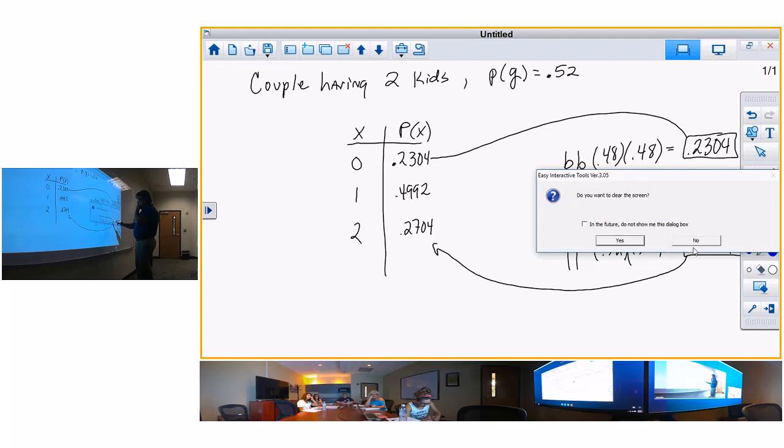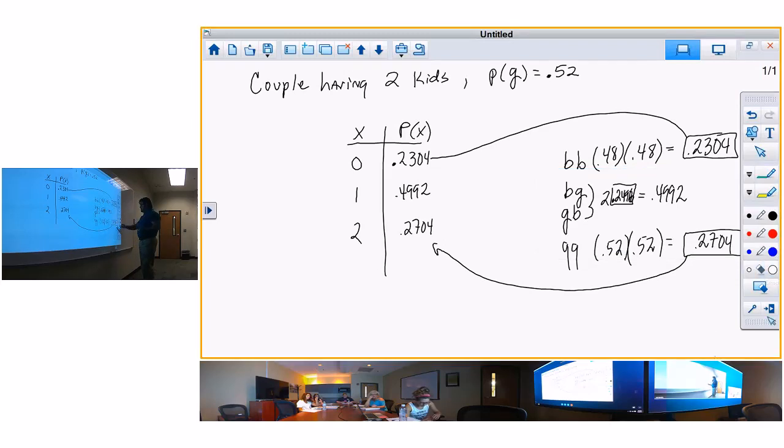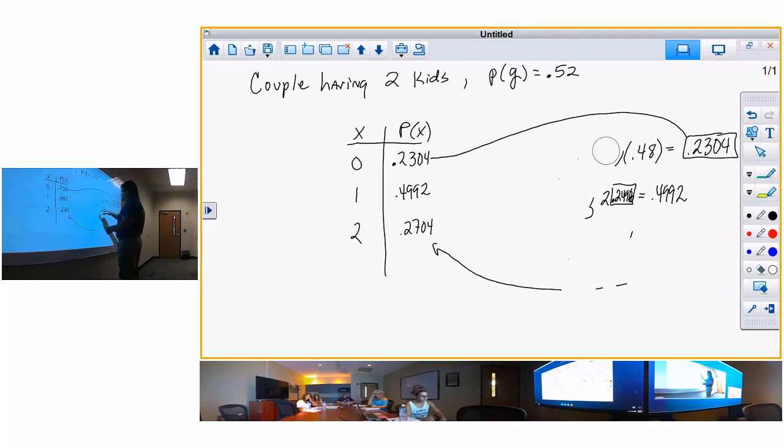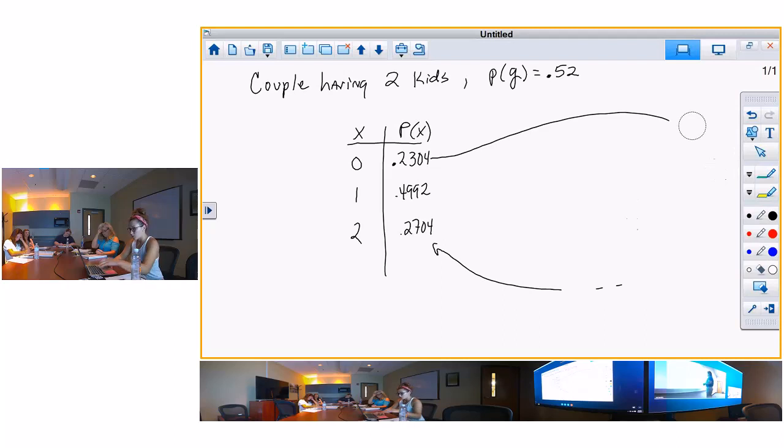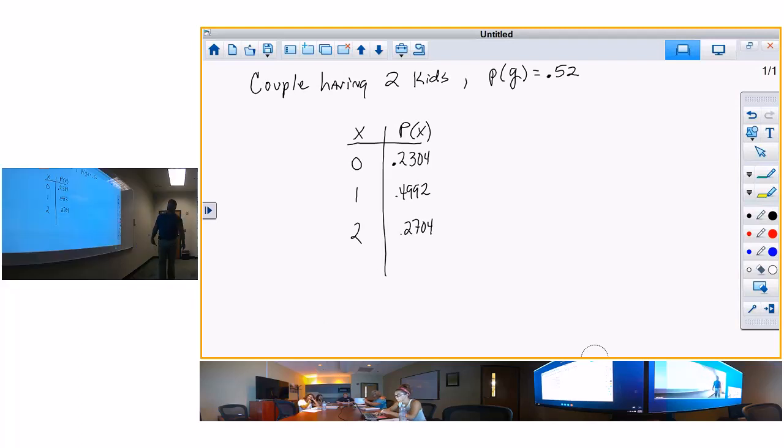All right, now I'm going to erase this, and I want you to find the mean and the standard deviation. You've already set up your probability distribution. Now you need to do mean and standard deviation.